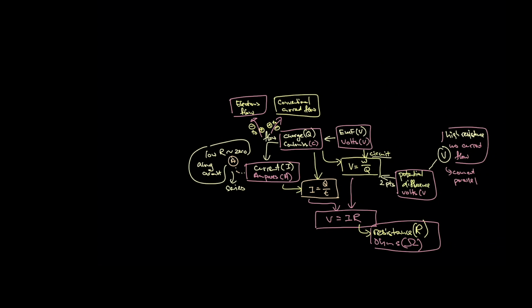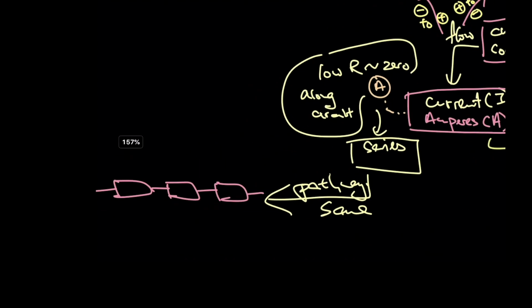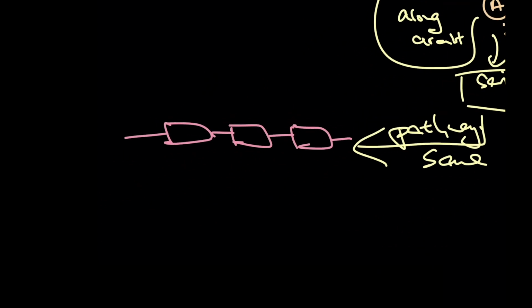Now let's talk about these two words. Series connection is when you have the same pathway. If I draw it out, it looks like this. The main behavior for series connection is that the current flows through every component along the same pathway.